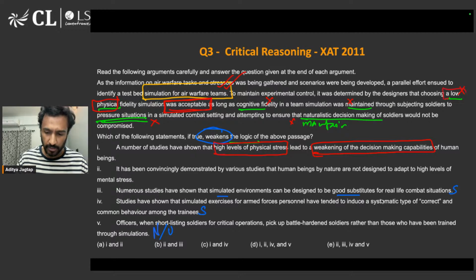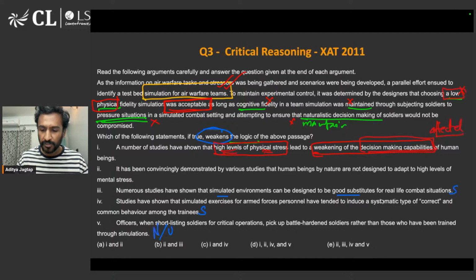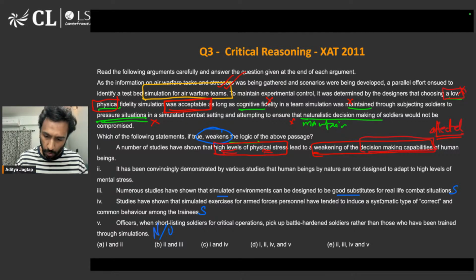But according to statement 1, it's under high stress that people's decision making capabilities get affected. So if it's under high stress that their decision making capabilities get affected, that means testing in a low stress situation is not beneficial. It's not a good test.